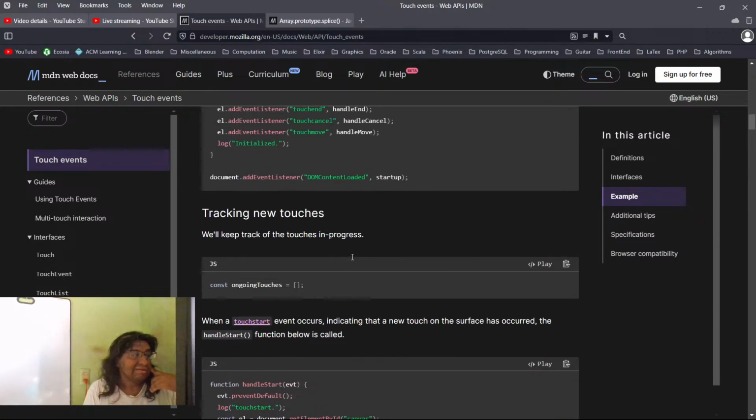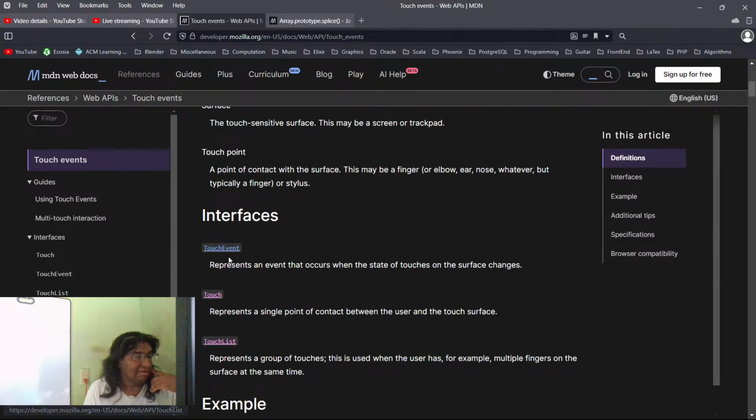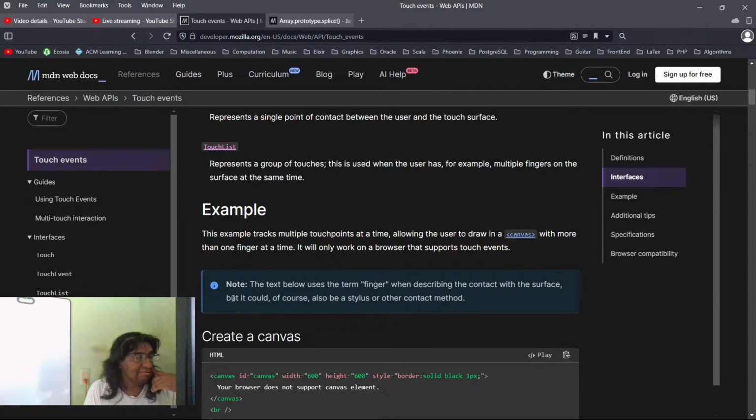Actually, study the API and my own interfaces.